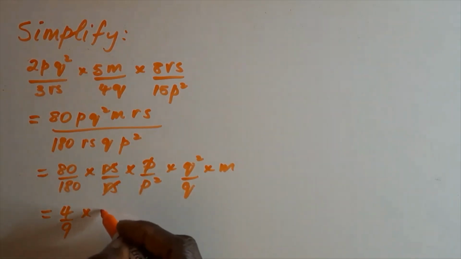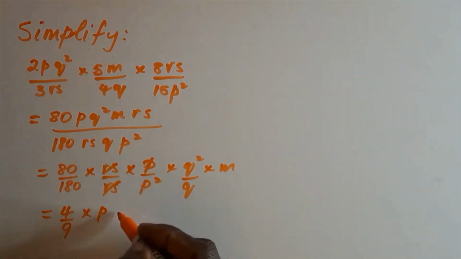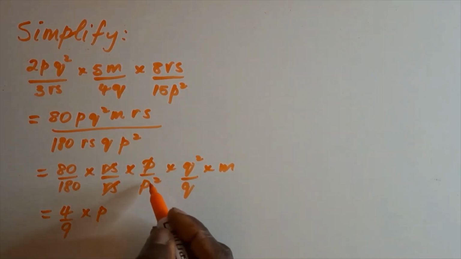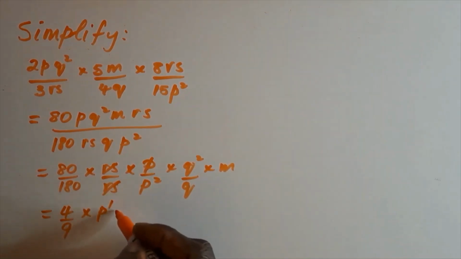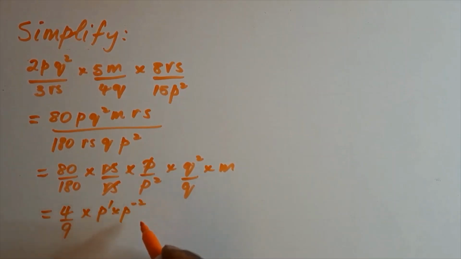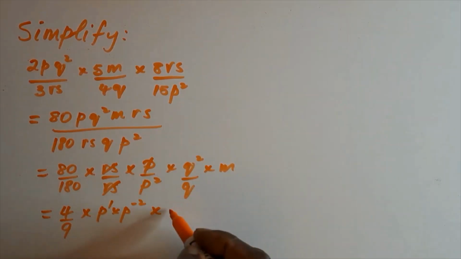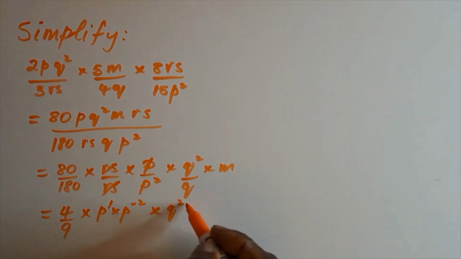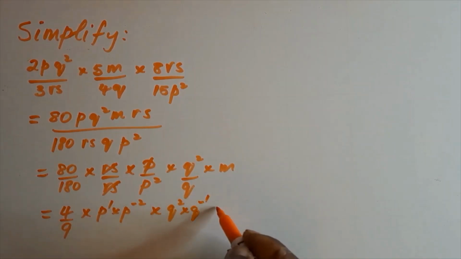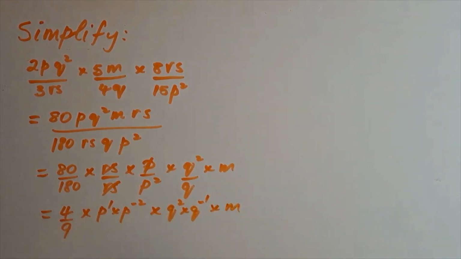Now we have p to the 1 power, and this is p to the minus 2 when we take into the numerator. And here we have q squared times q to the minus 1, and we have m. This simplifies to 4 over 9. We bring it all together.